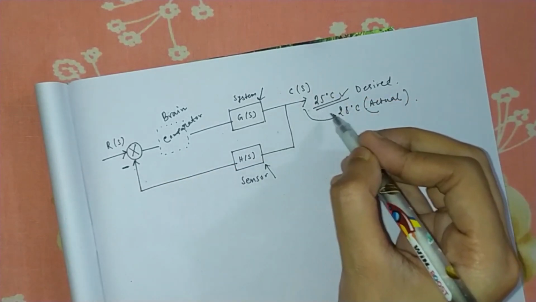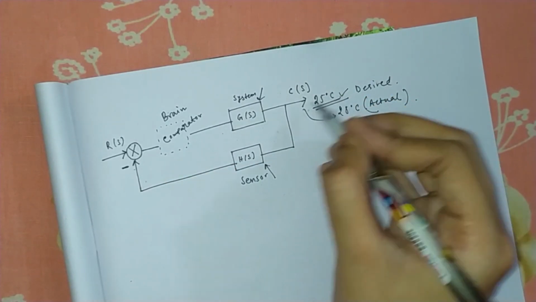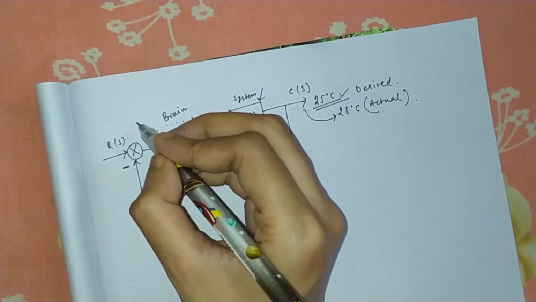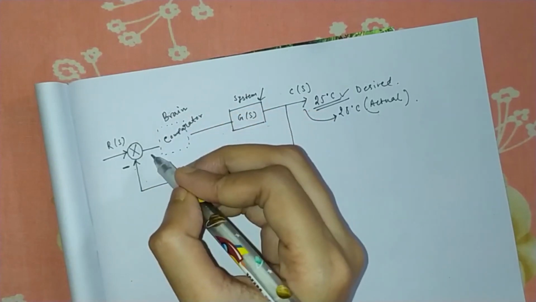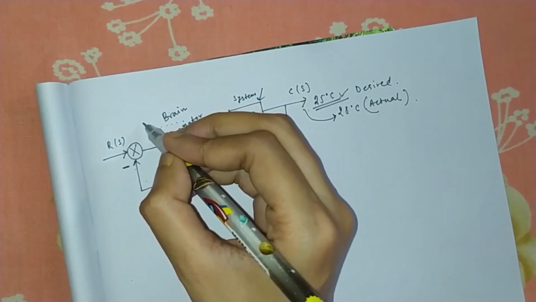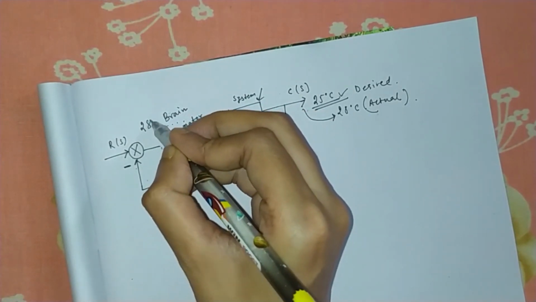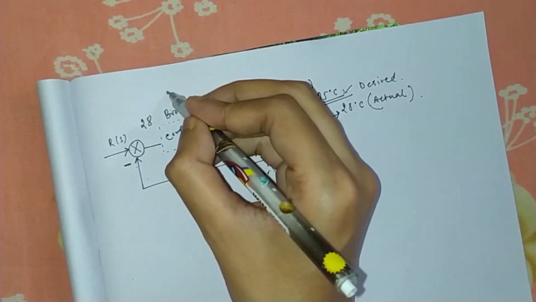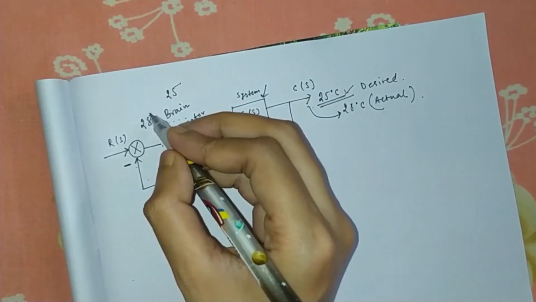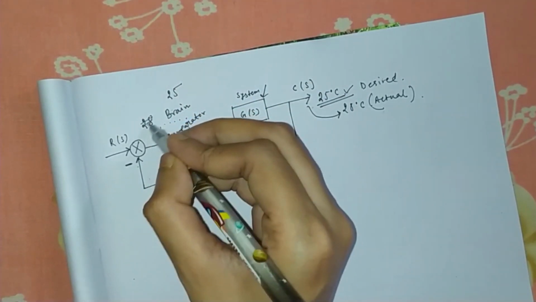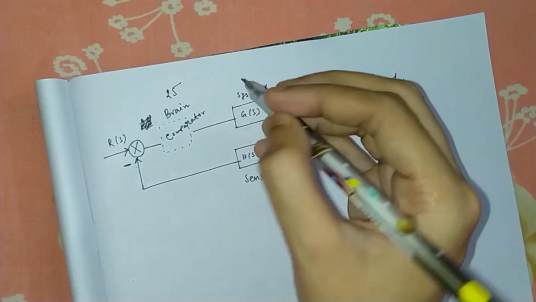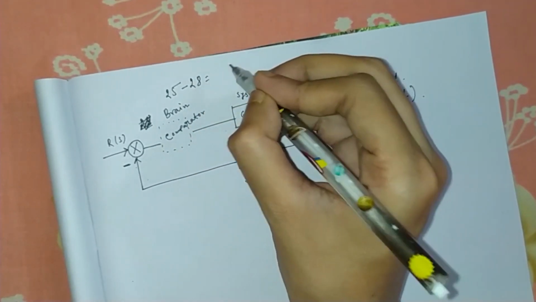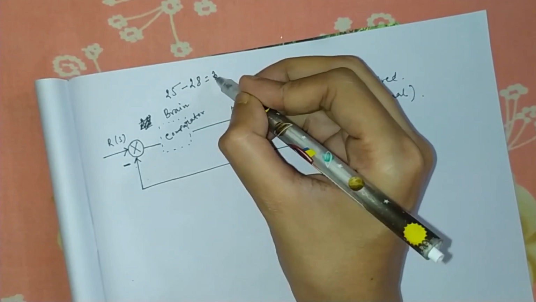I want 25 degrees centigrade, and here I am getting 28 degrees. So the comparator compares, and there is a difference of 25 minus 28, so a difference of minus 3 degrees.